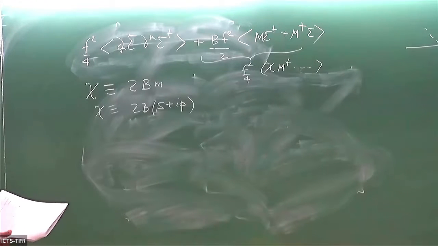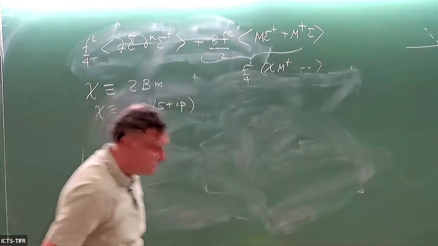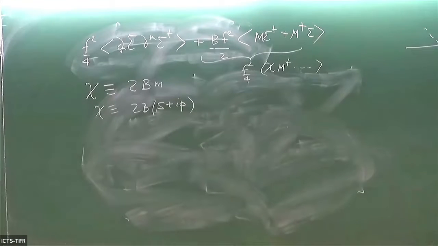Yes, very good question. So let me add to this an axion field term: plus a, g squared over 32 pi squared, G_mu nu G dual.